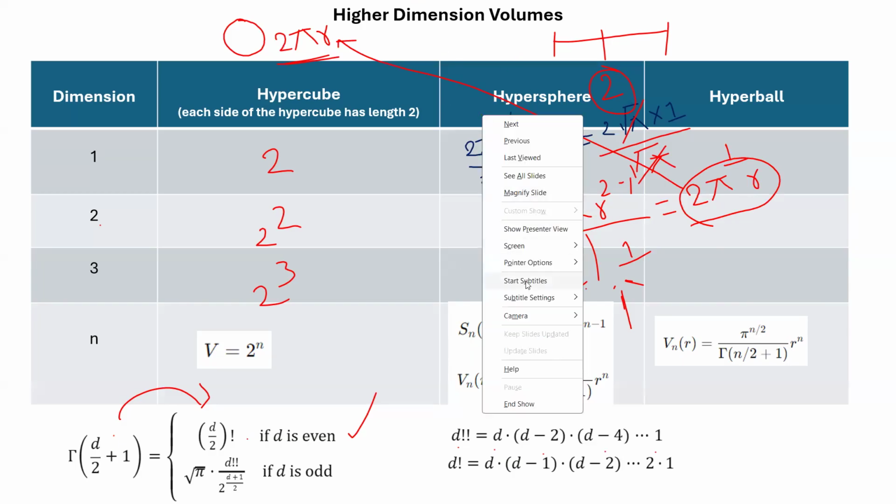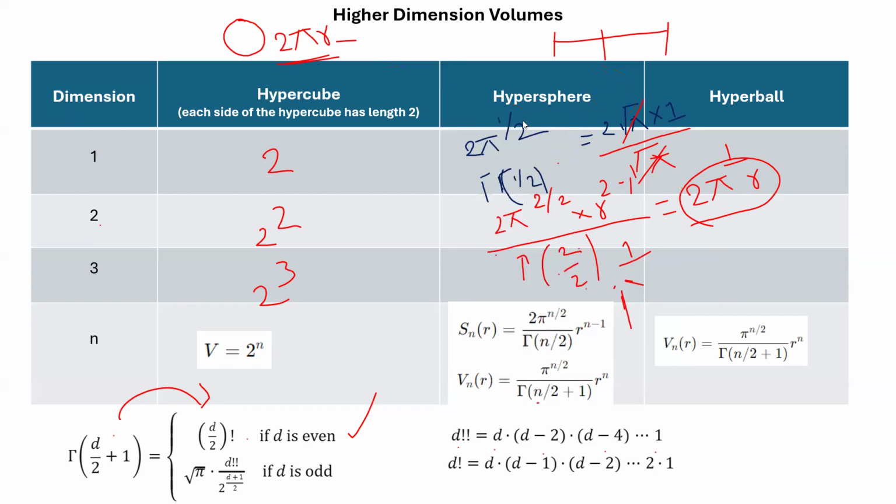Now if you calculate the surface area for 3 dimensions, what will you get? What is the formula for surface area that we just have seen?